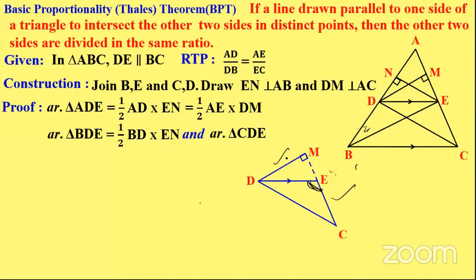Its corresponding altitude is DM. By writing that, half into EC into DM. This is EC, this is DM. This is the base, this is the altitude.